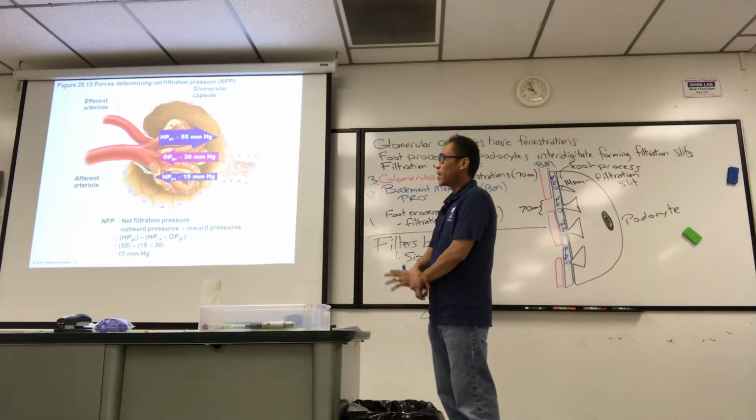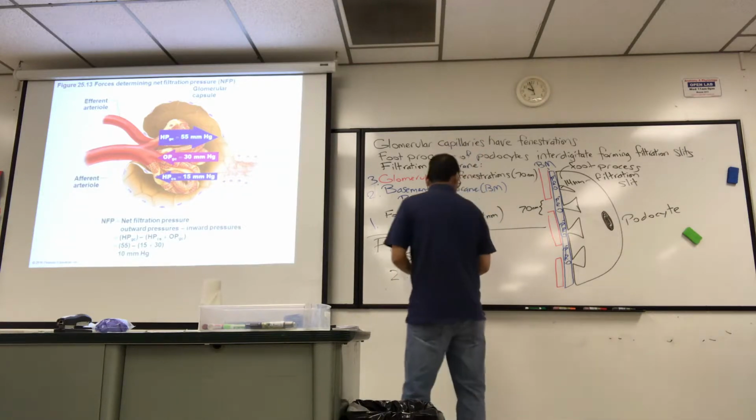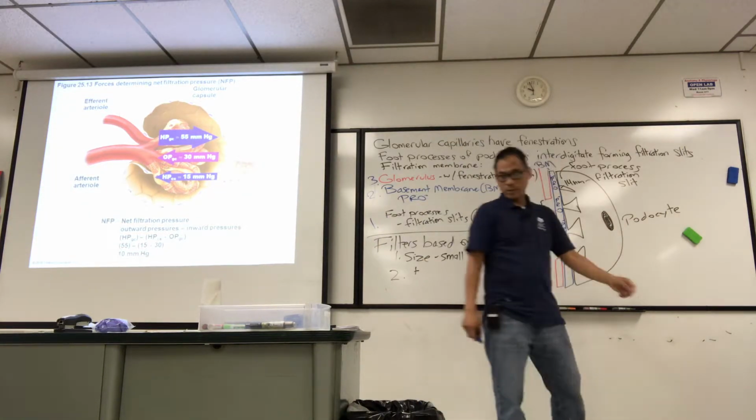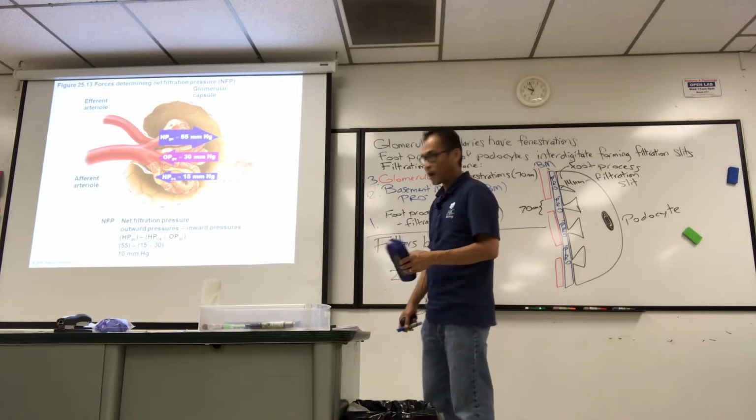Now let's look at why you have such high throughput. Let's look at the pressures measured in these capillaries. This is called calculating net filtration pressure, or NFP.